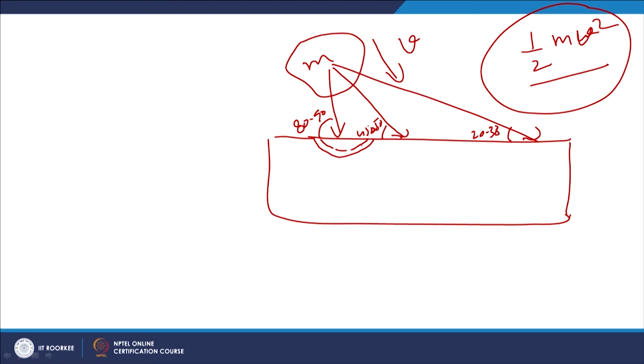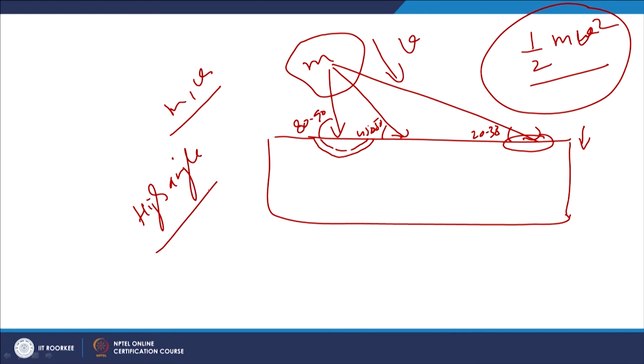But a particle moving with velocity v, if it impinges at a low angle, then the energy at the time of impingement and its effect will be less as compared to the case when the impact takes place at a high angle. So, high angle impingement will cause more damage to the surface as compared to low angle impingement.